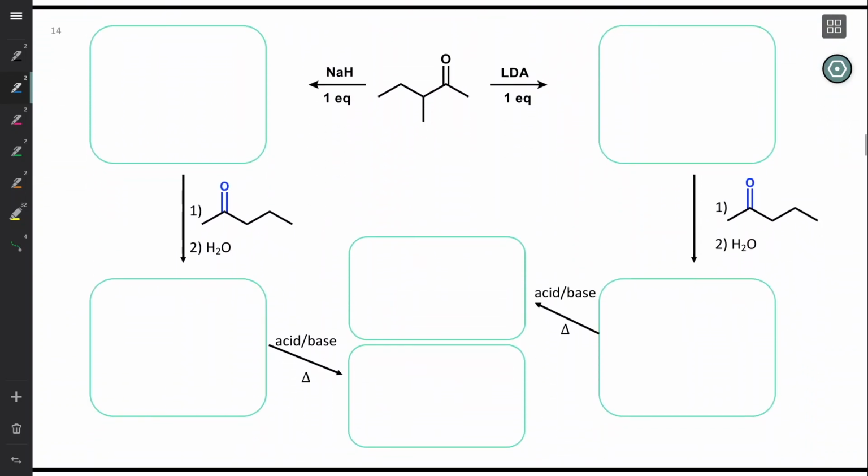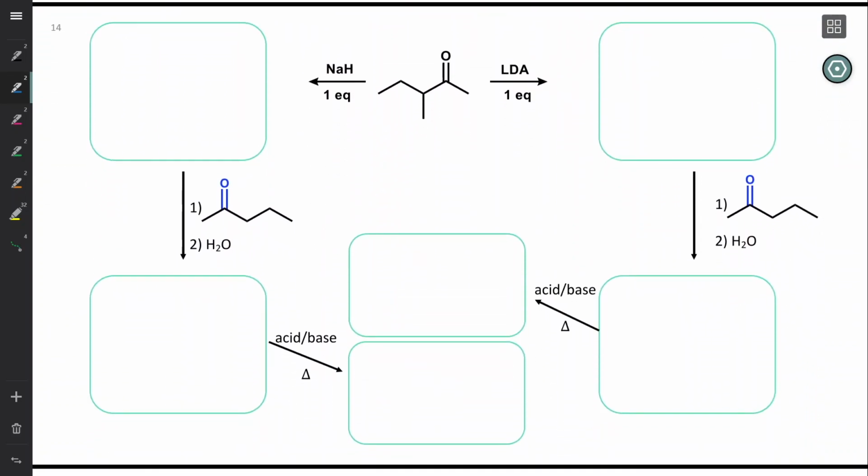Let's look at what that looks like. So we're going to take 2 different paths. We're going to do the bulky base and the unhindered base. So we're going to get our kinetic enolate and a thermodynamic enolate. Let's do LDA first. That's bulky, so that's going to be my kinetic enolate. Like that. That's all formed. I'm adding my electrophile.